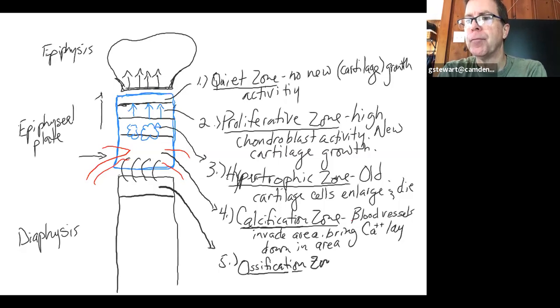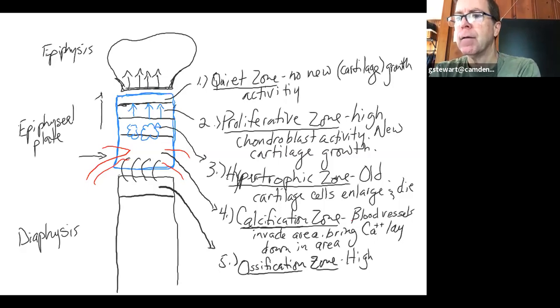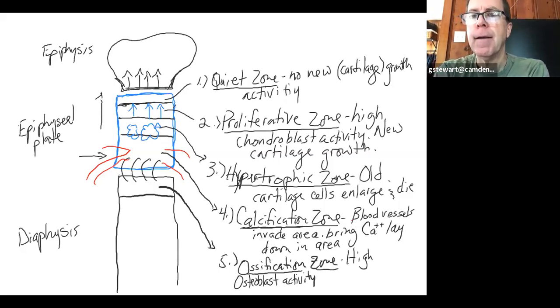In the ossification zone, we have high osteoblast activity and new bone formation. And literally, these osteoblasts here are laying down osteoid, combining with the calcium found here.